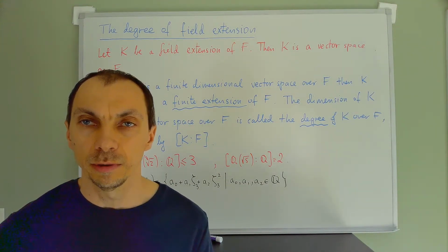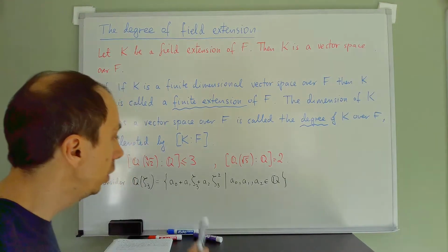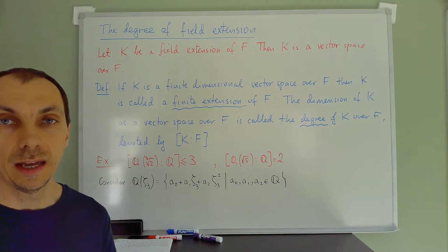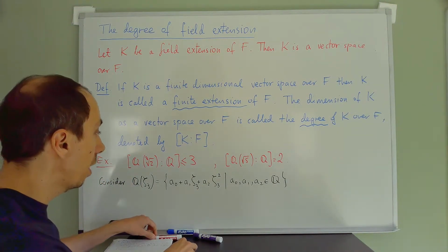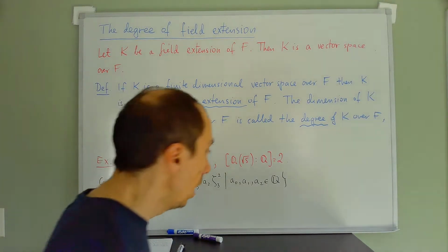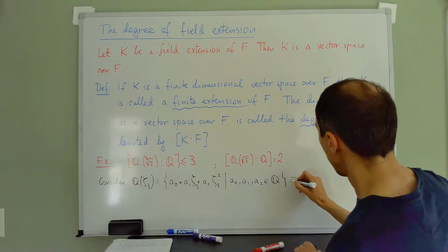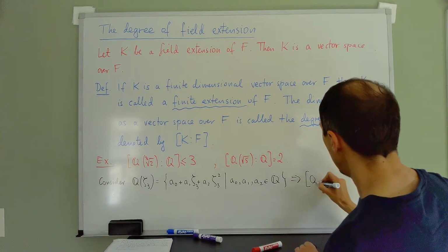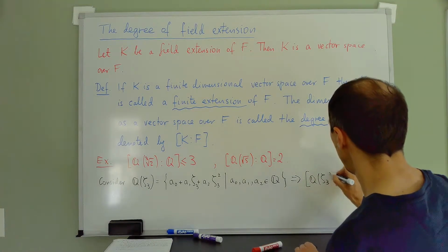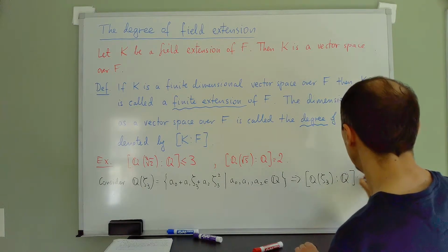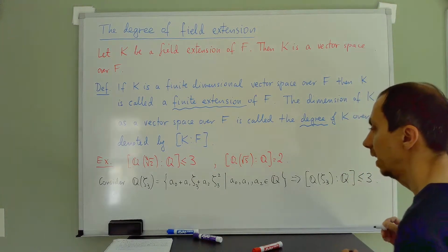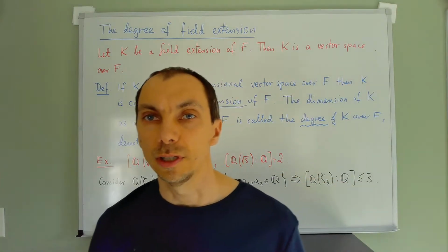Just like in the example we did with cube root of 2, you never need any power higher than the square of zeta 3. However, from this, what we can only say is that the degree of Q adjoin zeta 3 over Q is less than or equal to 3. I don't really know at this point if this is an equality.